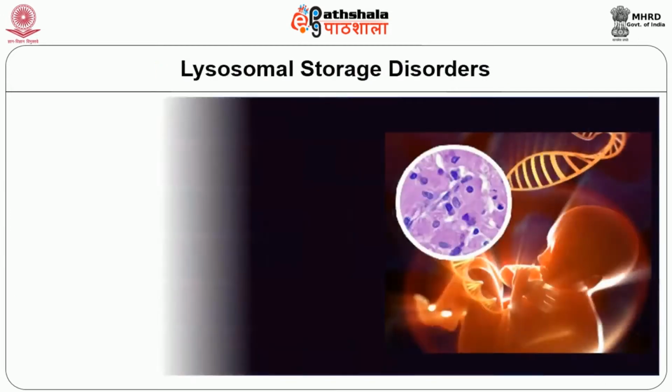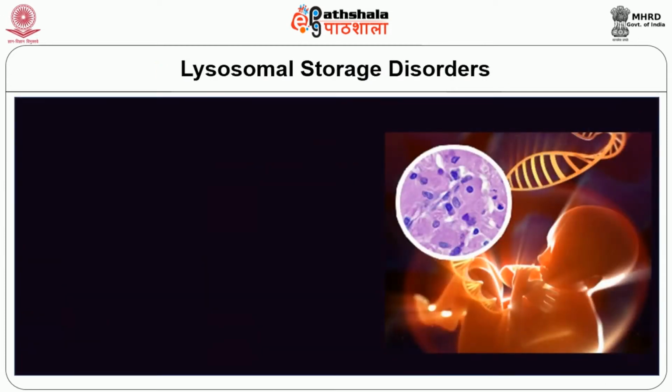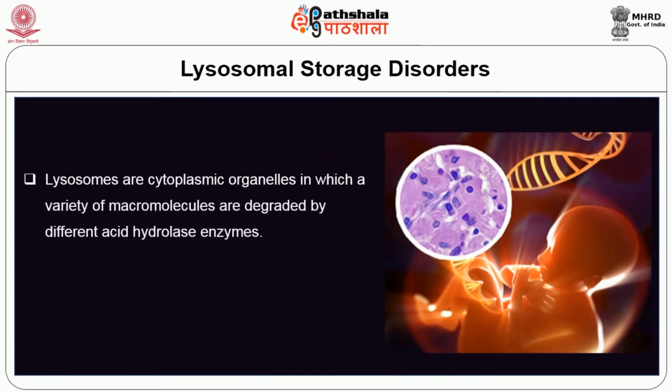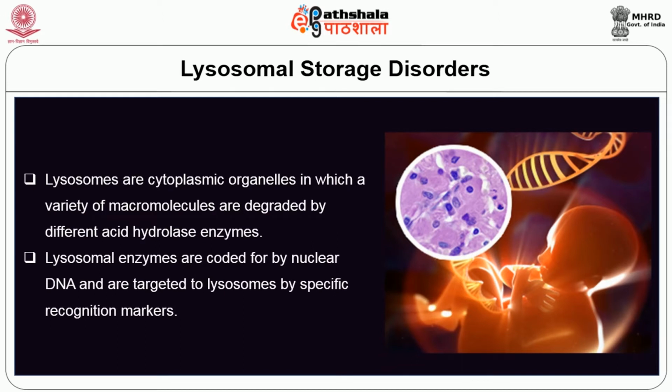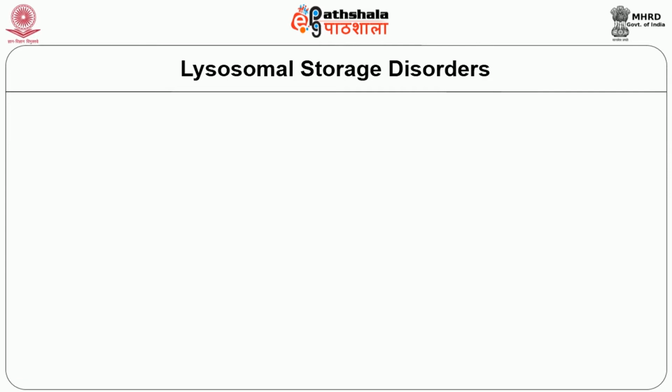Next comes the second type, that is the lysosomal storage disorders. Lysosomes are cytoplasmic organelles in which a variety of macromolecules are degraded by different acid hydrolase enzymes. Lysosomal enzymes are coded for by nuclear DNA and are targeted to lysosomes by specific recognition markers.